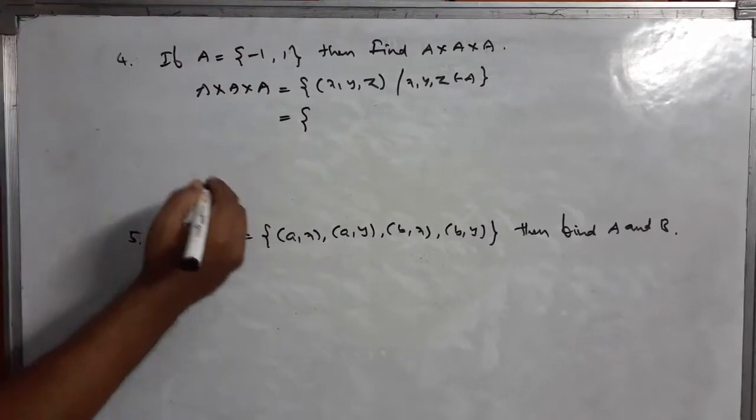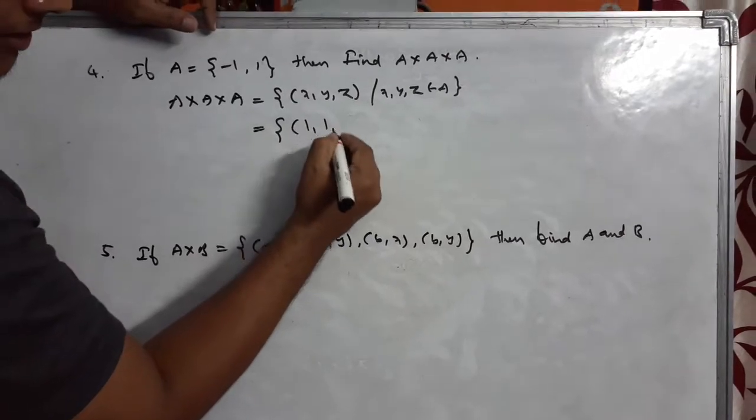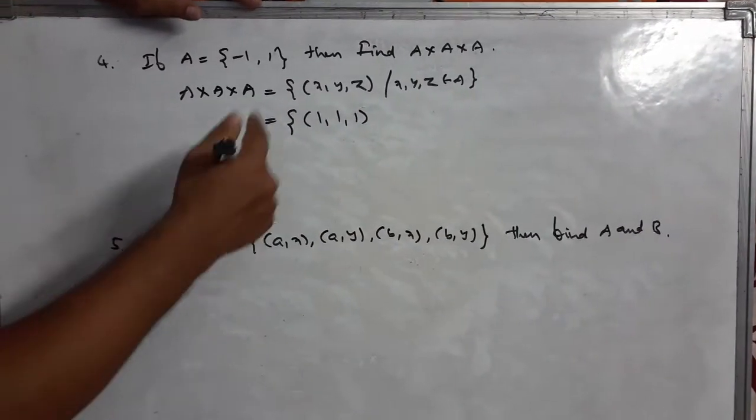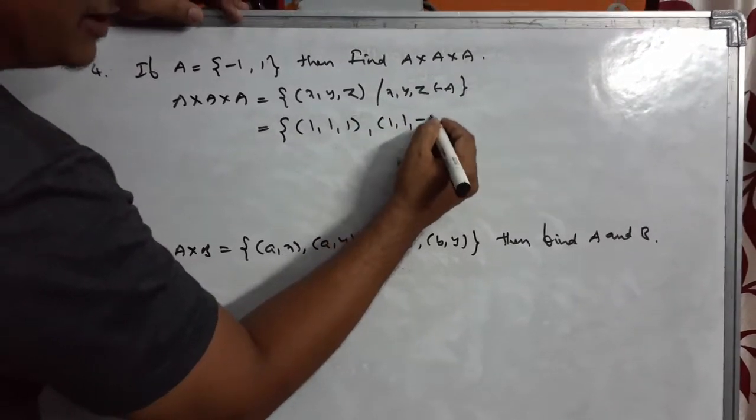So here now we have to take the elements 1 and -1. So now all are equal to 1: (1, 1, 1). Next, I am changing the third one: (1, 1, -1).